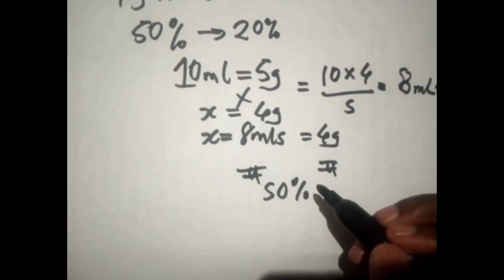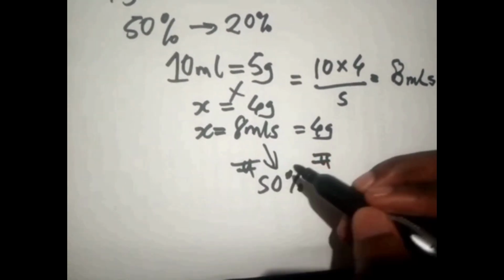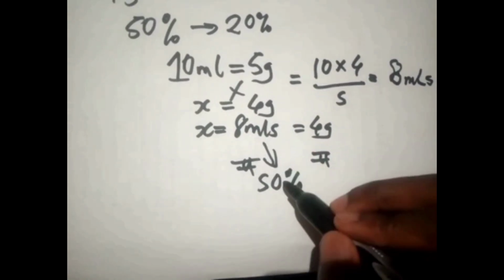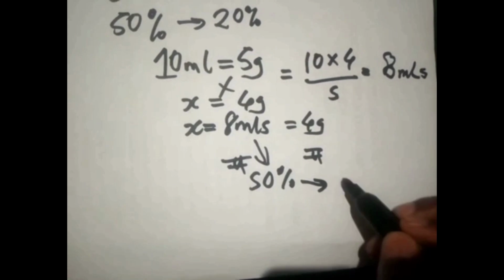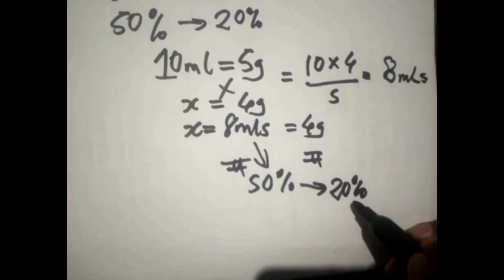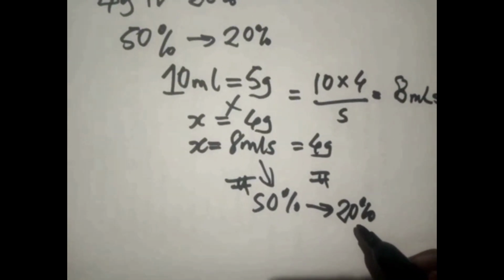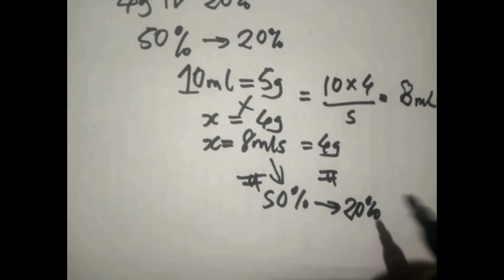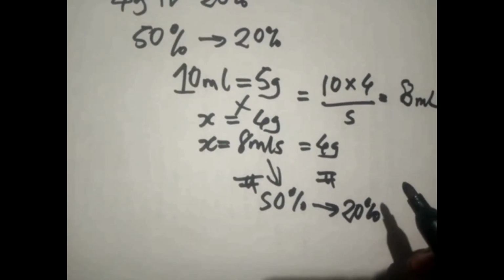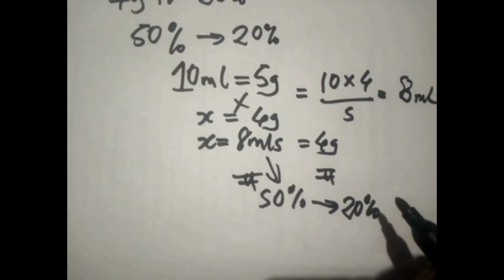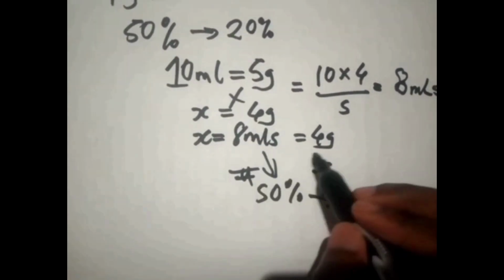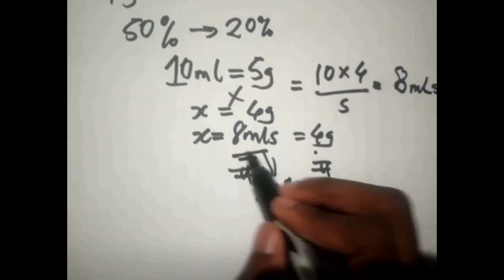So how do you actually convert this 8 mil, which contains 50%, into 20%? So that's what we are going to now go through. There is a formula for changing 50% to 20%. So just remember that we have found that for 4 gram, you have to draw 8 mils.